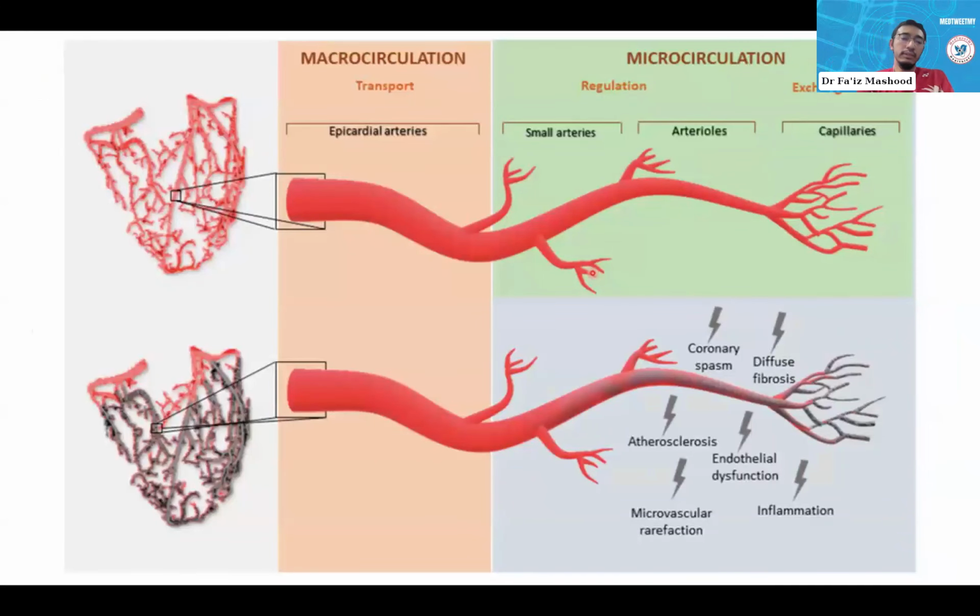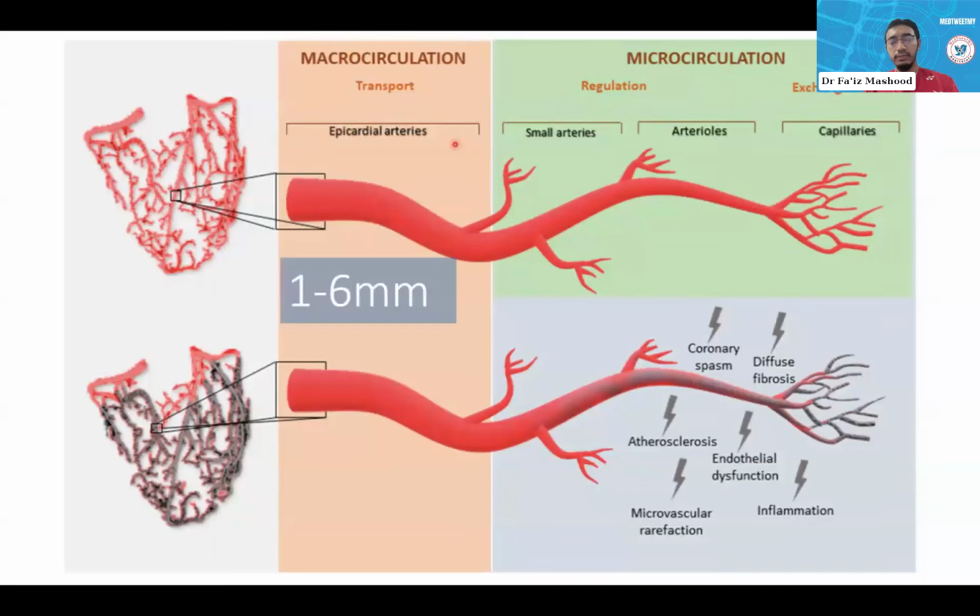Okay, so this is another image to show the coronary arteries. So our coronary arteries, they are divided into macrovascular and microvascular circulations. So the ones that we can see on scan or in angiogram are epicardial arteries and small arteries. For example, left anterior descending, you can see the epicardial part and the small arteries part in the angiogram.